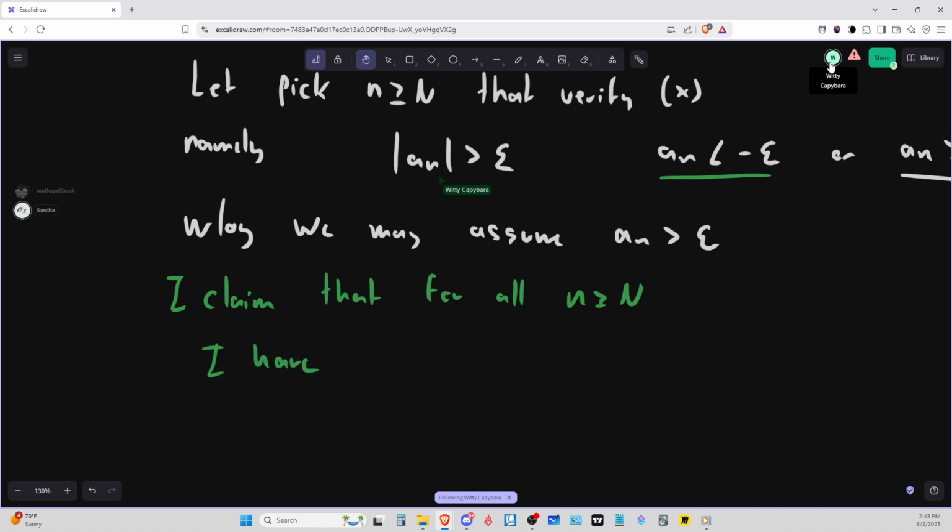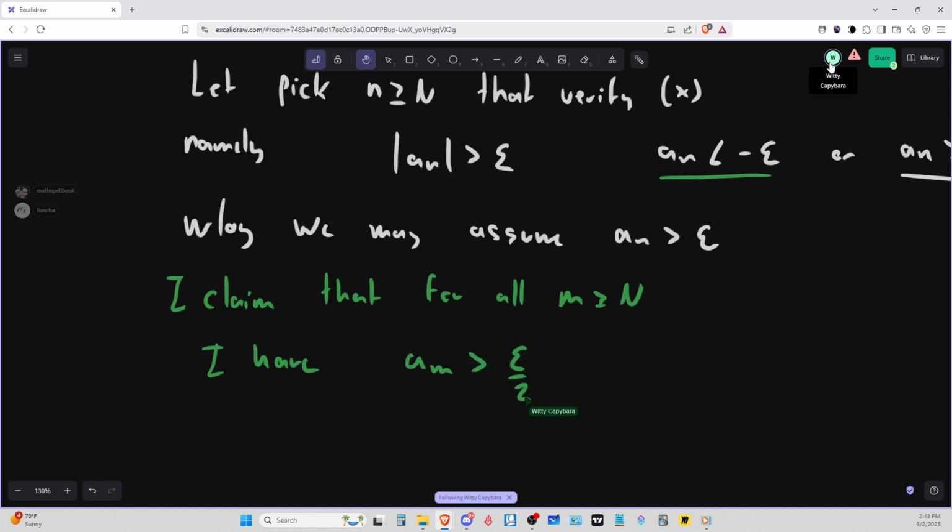I shouldn't call this one a_n and those ones a_n. I'm going to call that m instead of n. I have that a_m is bigger than epsilon over two.